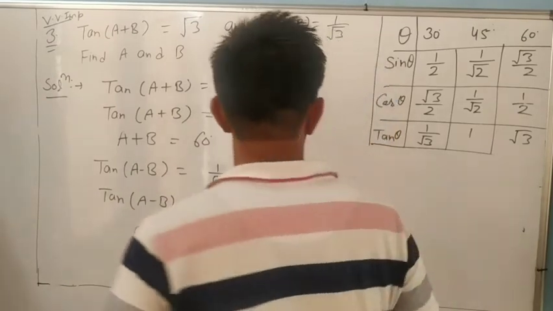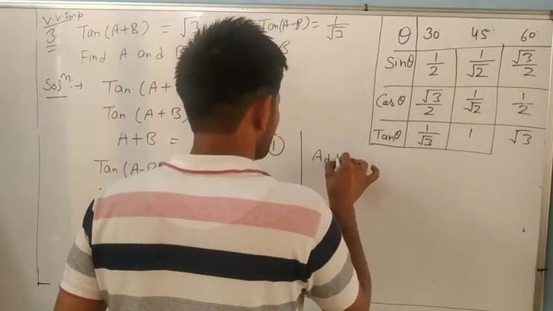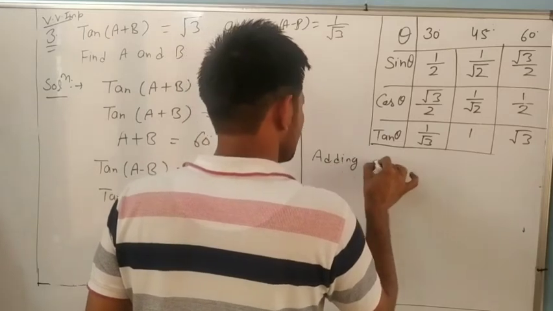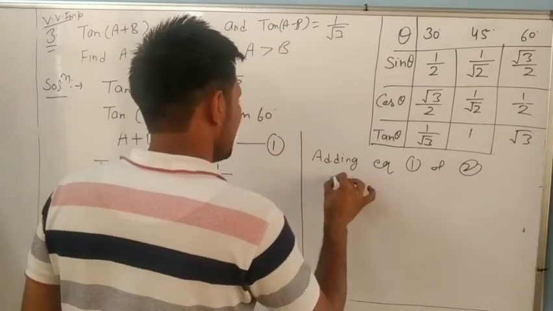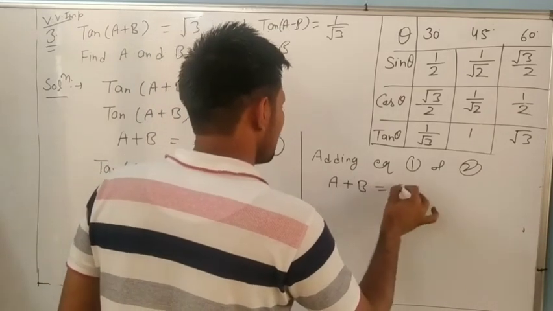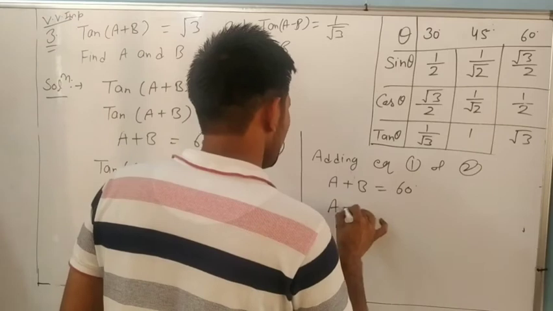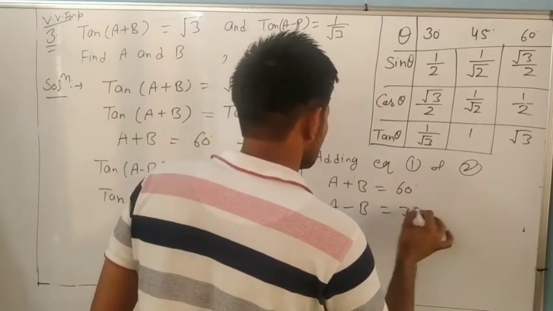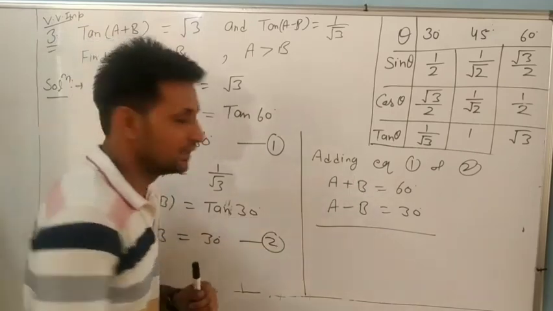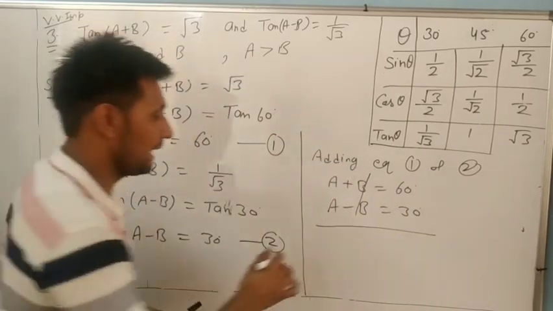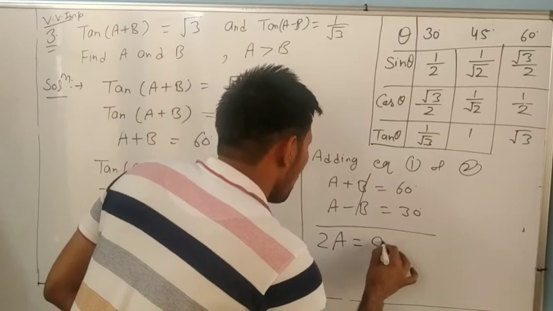So we will write: adding equations 1 and 2, A plus B equal to 60 degree, A minus B equal to 30 degree. Yes, add them. B minus B is 0, A plus A is 2A.